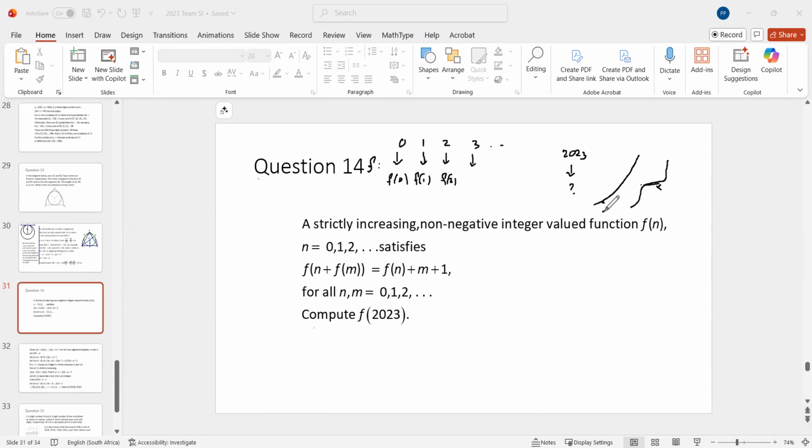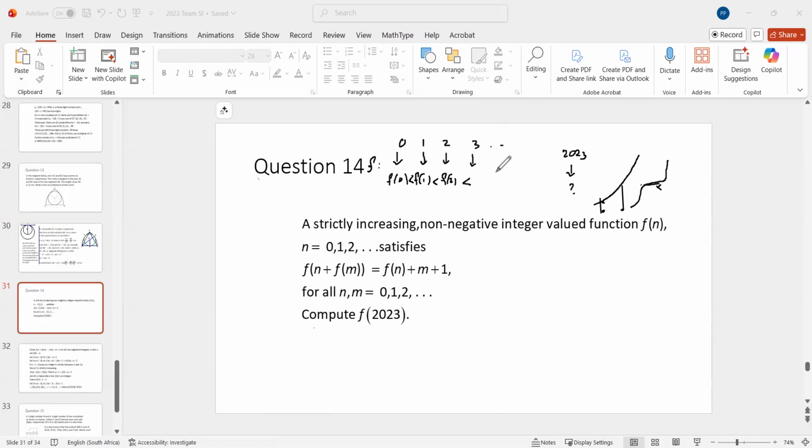If you've got a value here and another value there, the value on this side is strictly bigger. So f(0) is less than f(1), which is less than f(2), because it's strictly increasing. That's what you mean by an increasing function: as your domain values increase, these values also increase. So this is what is given.